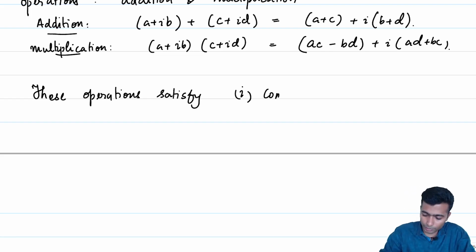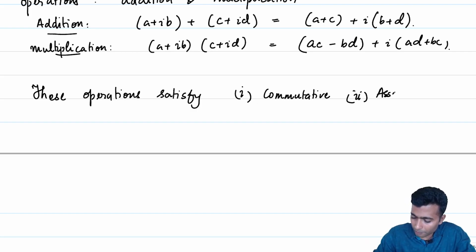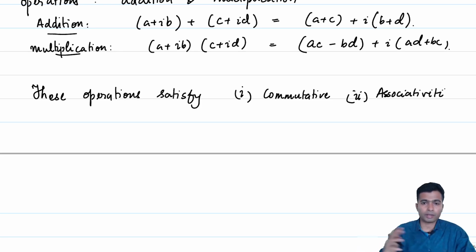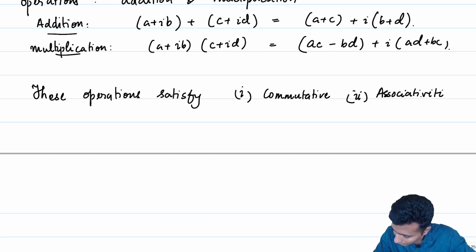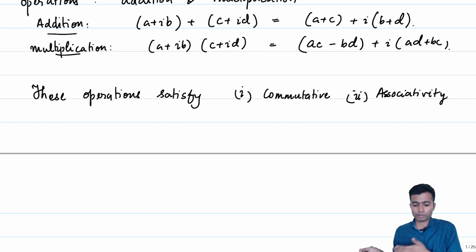It was commutative. If you take two complex numbers, the order in which we add doesn't matter, the order in which we multiply doesn't matter. Associativity, if we add or multiply three complex numbers, which two we added first and the third one which was added to the sum of the first two didn't matter.